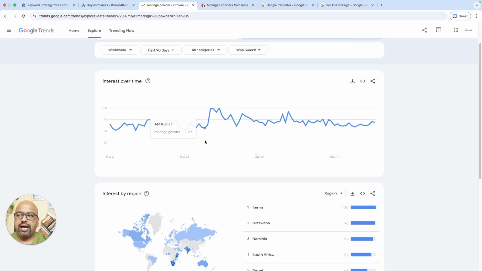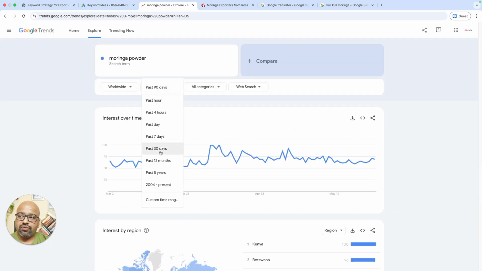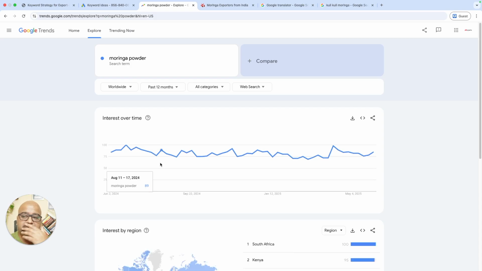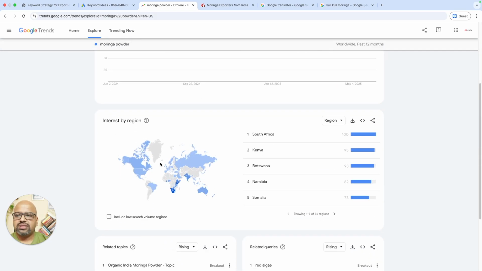Okay. And now what I want is, from the last 12 months, which are the regions that have been looking for this keyword? South Africa, maybe you are aware or not aware. These are all the countries which have been looking for it. So look at this. Right? These are all the countries for you.